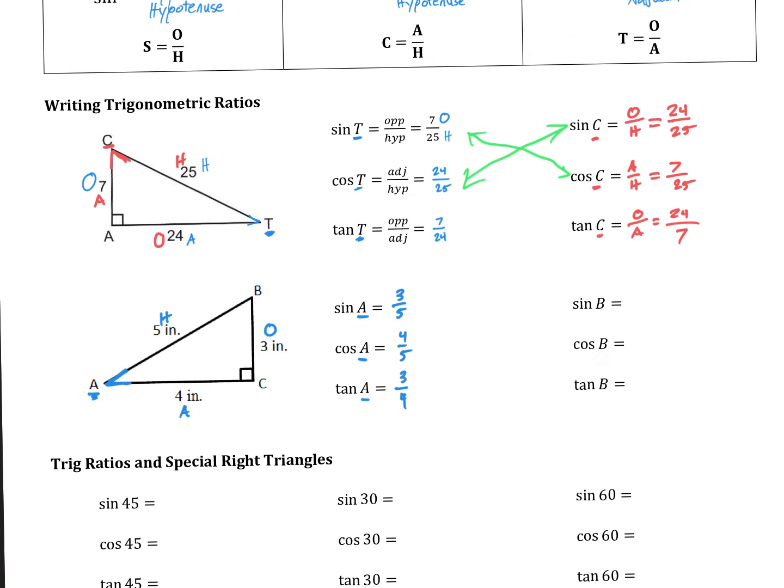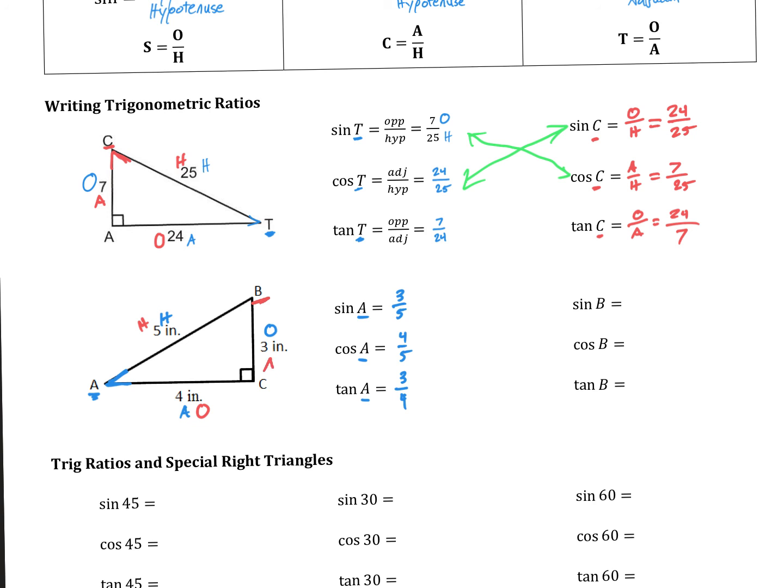Okay, sine B, opposite over hypotenuse, 3 over 5. Oh, excuse me. Oh man, I messed up. I'm sorry. I'm doing B this time. So B, I'm going to do in red again. For B, we have the opposite. Hypotenuse is still 5.